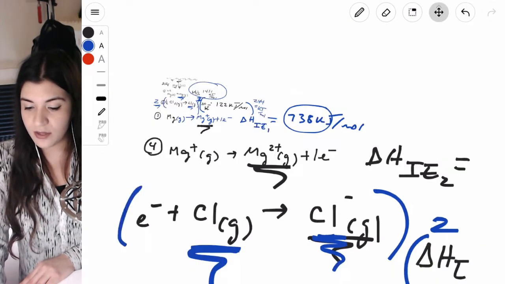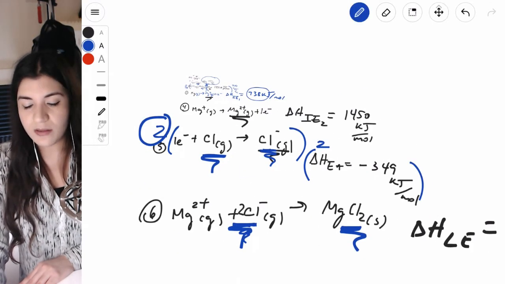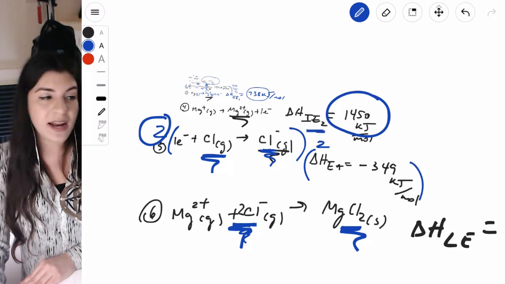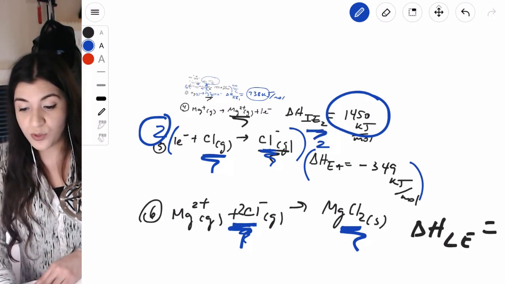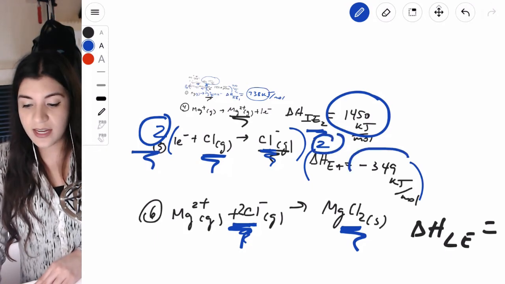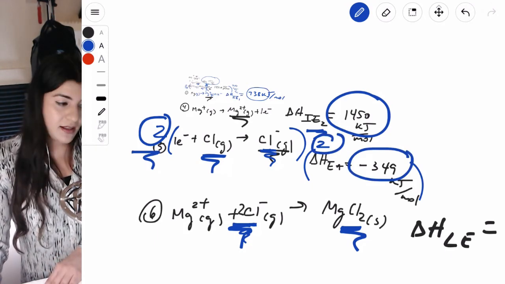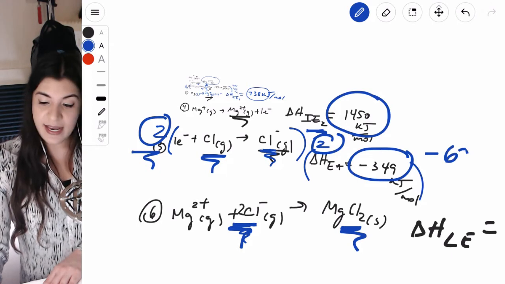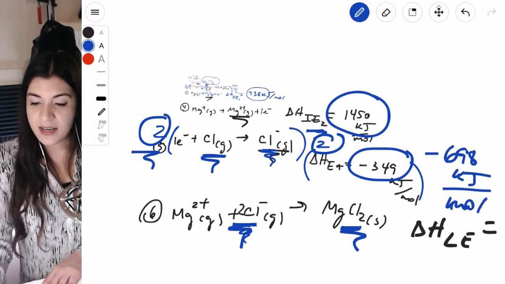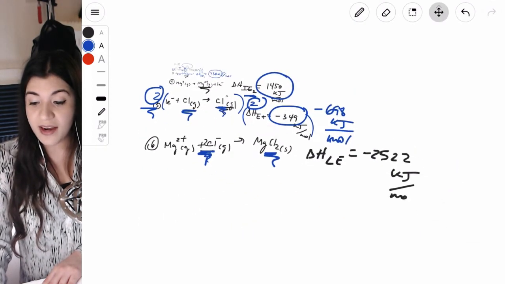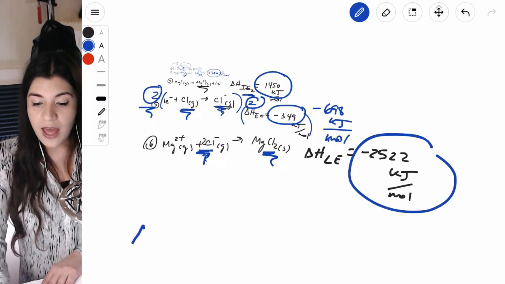Same goes for, as you can tell, this is a very long question, but these tend to be. Then I also would have added it to the ionization energy of the second half. Next, I would multiply 2 times that negative 349, and that would have given us a negative 698 kilojoules per mole. And then lastly, I would add it to the lattice energy that they gave us before.